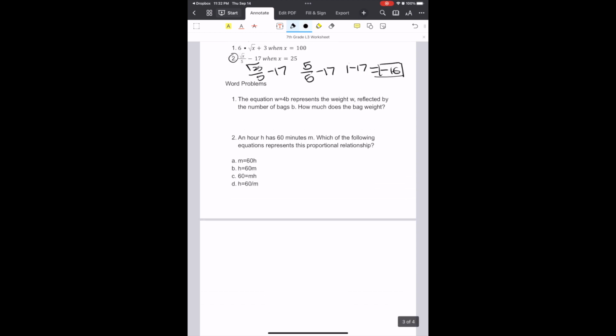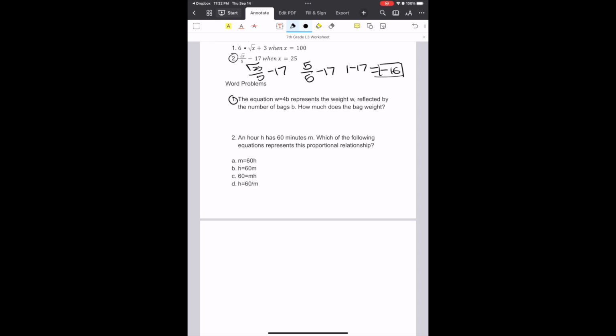As this is one of our first little worksheets, I feel like I'll do one word problem. It'll be quite an easy one. The equation W equals 4B represents the weight W reflected by the number of bags B. How much does the bag weigh?